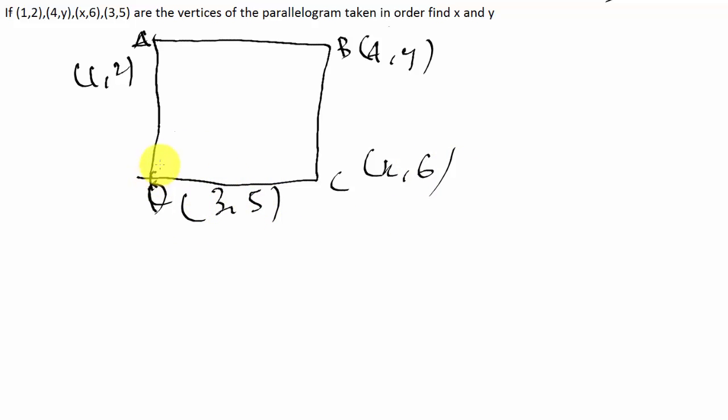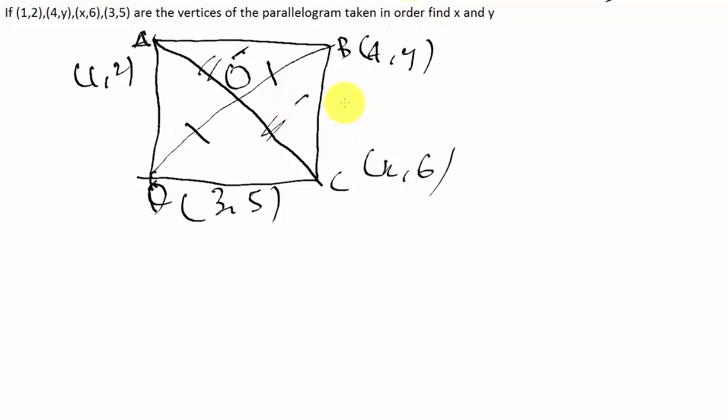Let's just draw the diagonals also. Now we know that for a parallelogram the diagonals bisect each other. What does bisect mean? It means that this side and this side is equal, and this side is also equal. So we can use the midpoint formula to find the coordinates of O, because now this cuts in the ratio 1:1.